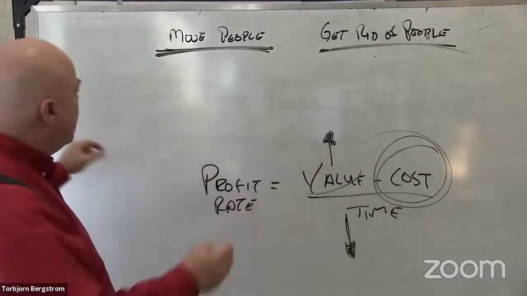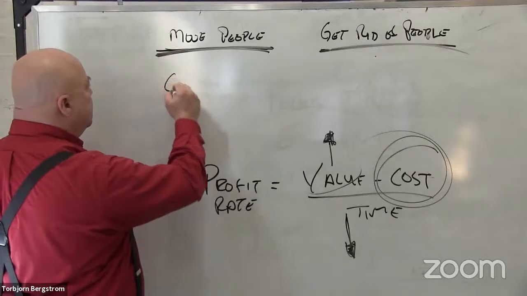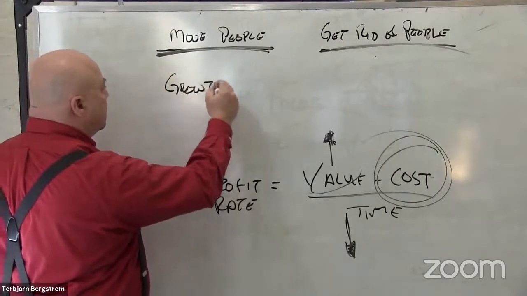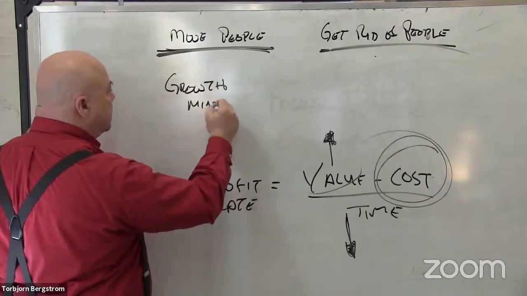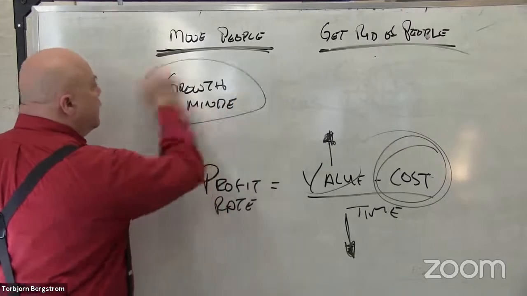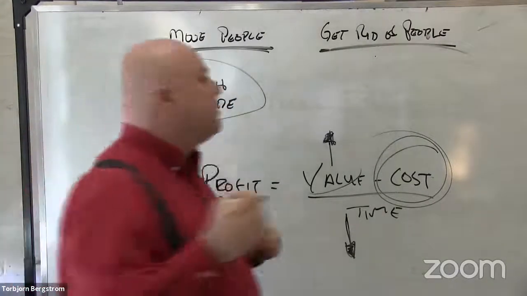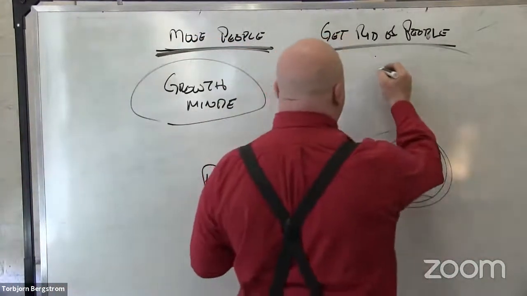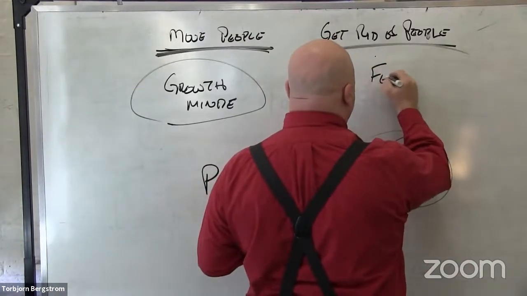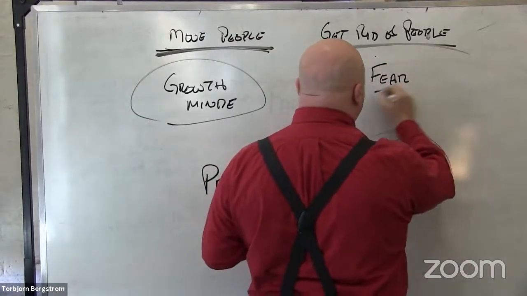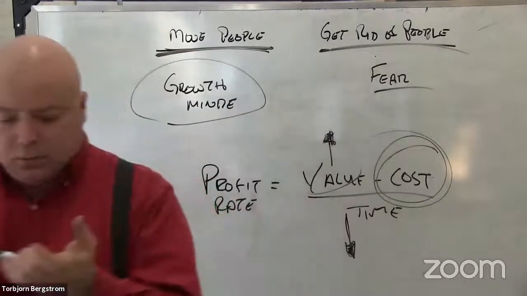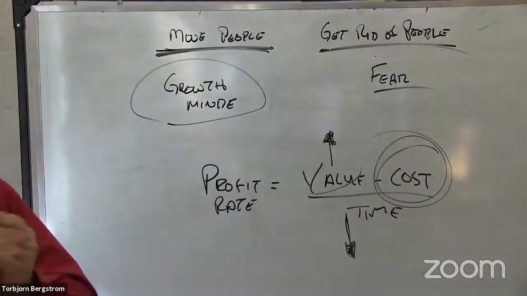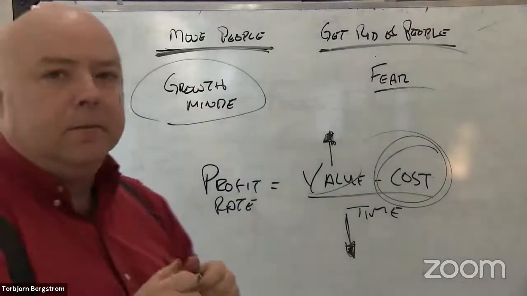And this is more growth minded. So moving people to a new location is growth minded, and I would say that getting rid of people is fear. What do we fear that makes us want to get rid of people? Running out of money.